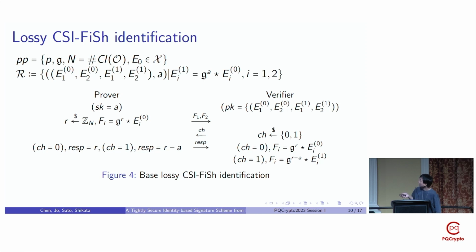Then the verifier responds with challenge 0 or 1. According to the challenge, the prover sends the response R or R minus A to the verifier. Finally, the verifier can check the isogeny.